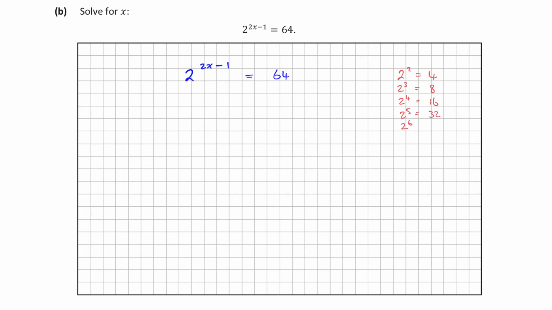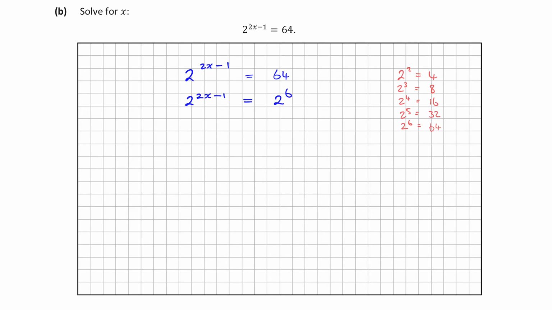And 2 to the power of 6 will be 64. Okay, so I can go back over here, and instead of writing 64, I can write 2 to the power of 6.